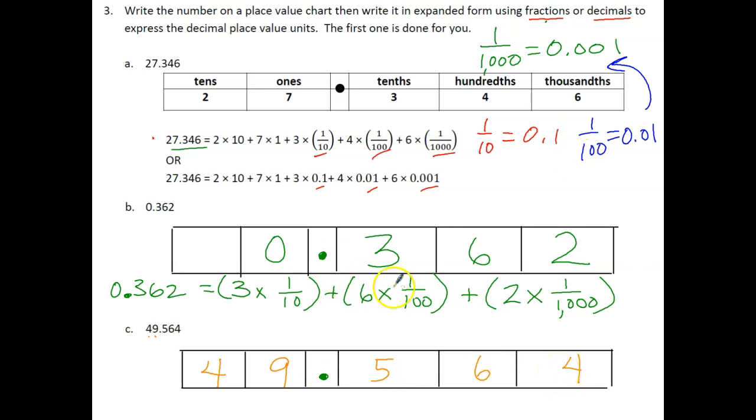Now I'm going to show you the same thing we did here, but in decimal form. So we have our number again. I'm just going to rewrite it, 49 and 564 thousandths. All right.